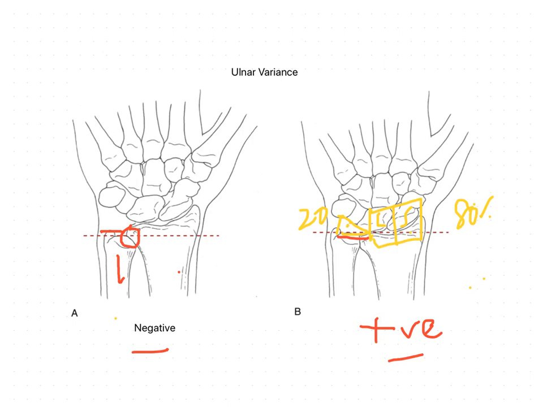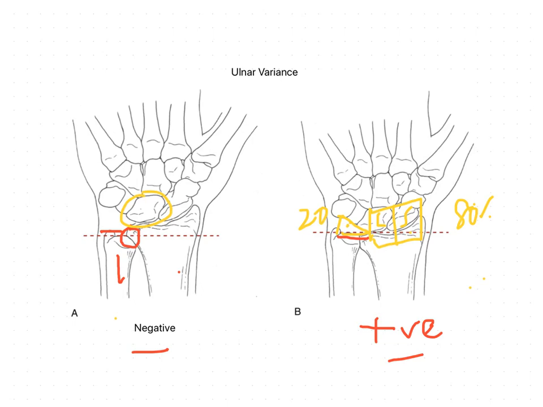Such a case can be seen in avascular necrosis of the lunate bone. So overall, in ulnar variance there is impingement of the structures present between the ulna and the triquetrum, and also an abnormal force distribution across the radiocarpal joint can be seen. So these are the factors which affect the function of the radiocarpal joint.